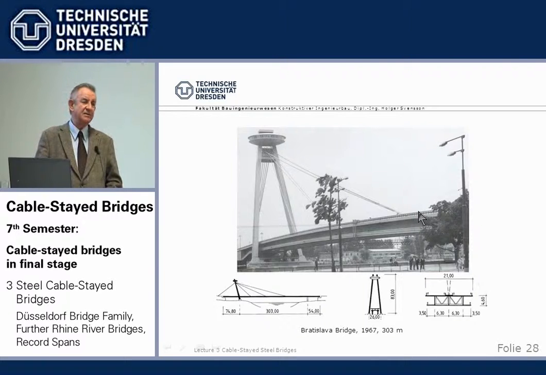Bratislava in Slovakia, the only one until now in the world which has a restaurant up top, which, you know, we have it on all TV towers, and why not? It's a nice idea, but it has never been repeated, but it's there.